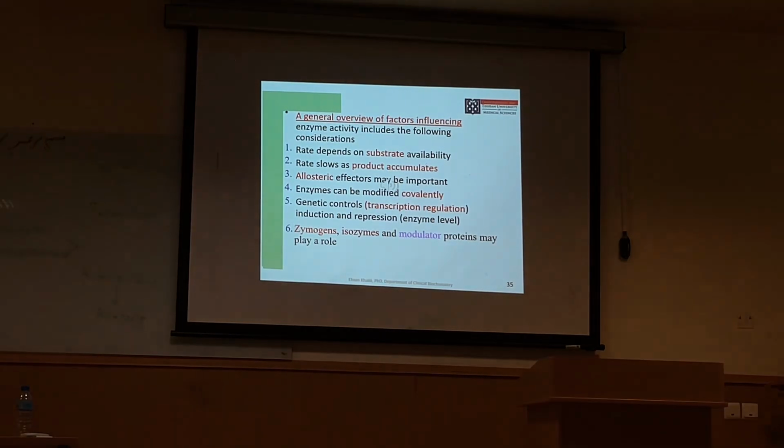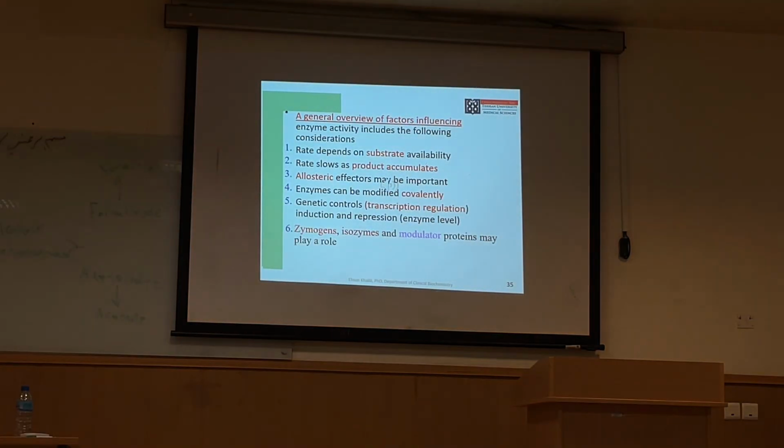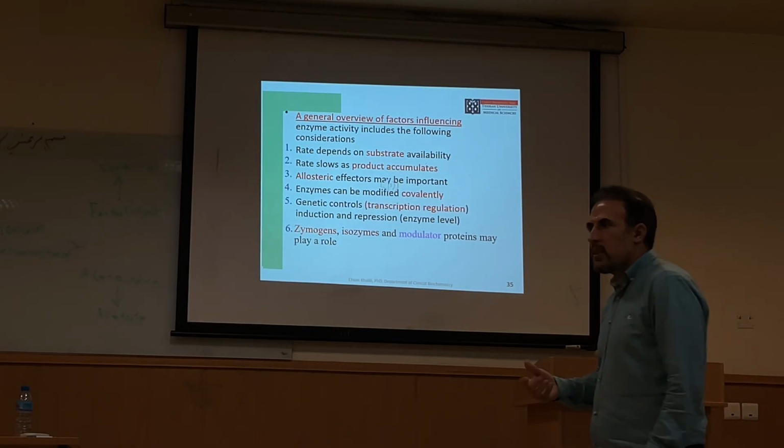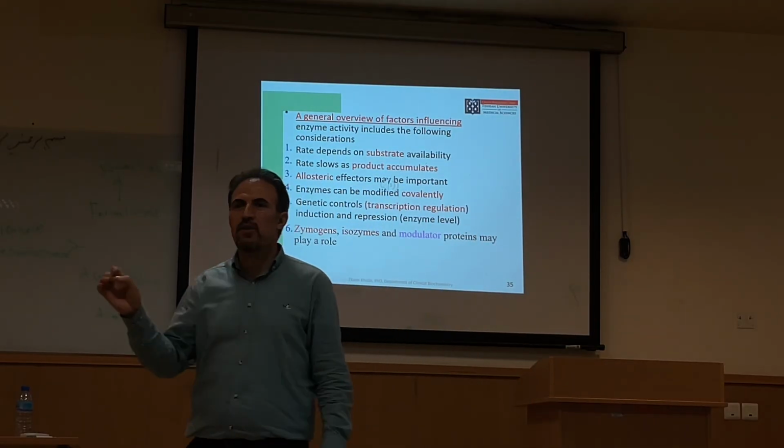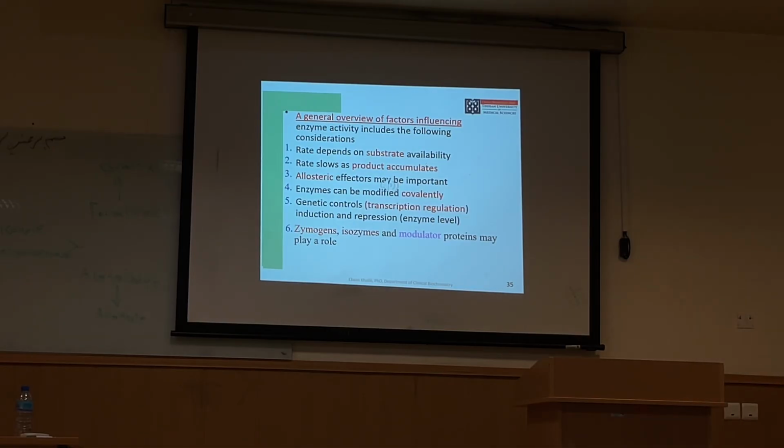Sometimes they get a phosphate and are inactivated like this. It's not just phosphate, there are some other groups, but the most common one is phosphate to control that pathway.